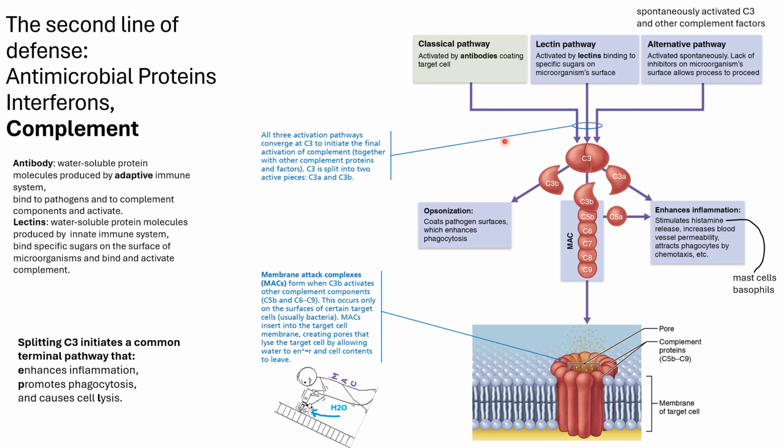So these opsonins, in a way, mark them: this is your target cell and you need to eat it. This process is known as opsonization. C3b sticks to the surface of the microorganism, and it becomes easy for the phagocyte to recognize it. At one end it sticks to the microorganism, and at the other end the phagocyte is able to stick to this complement protein C3b.